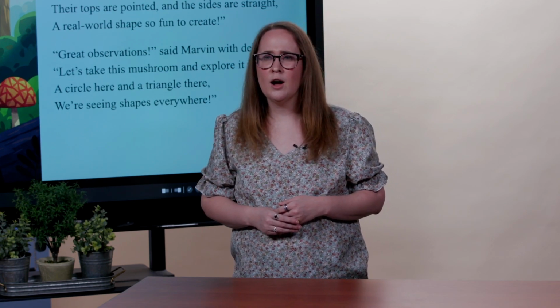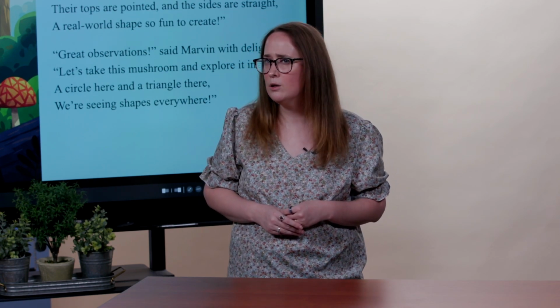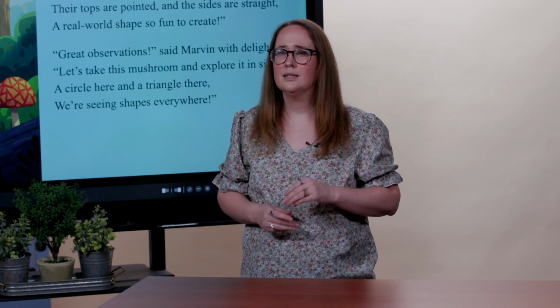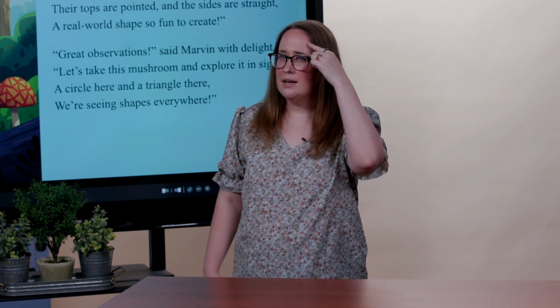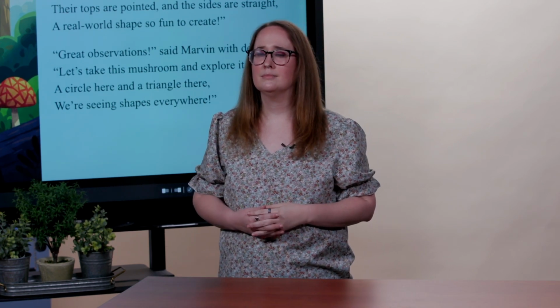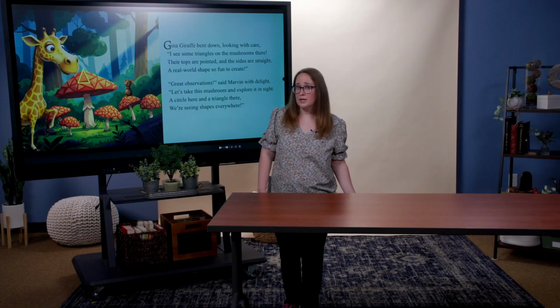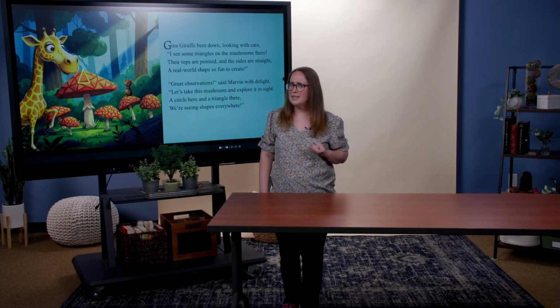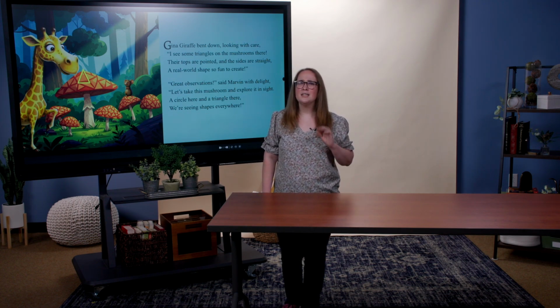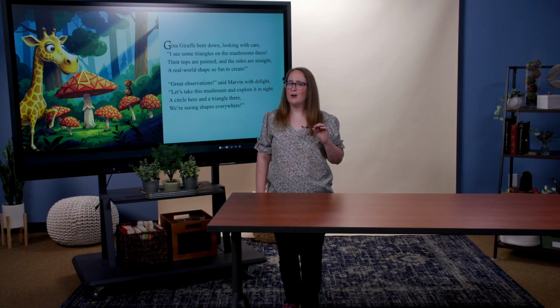How might you describe our friends if they're looking closely at objects? Stop, think, then answer. I would say our friends are curious, very focused, and very observant. They don't miss anything. They're noticing all of the shapes and nature around them.